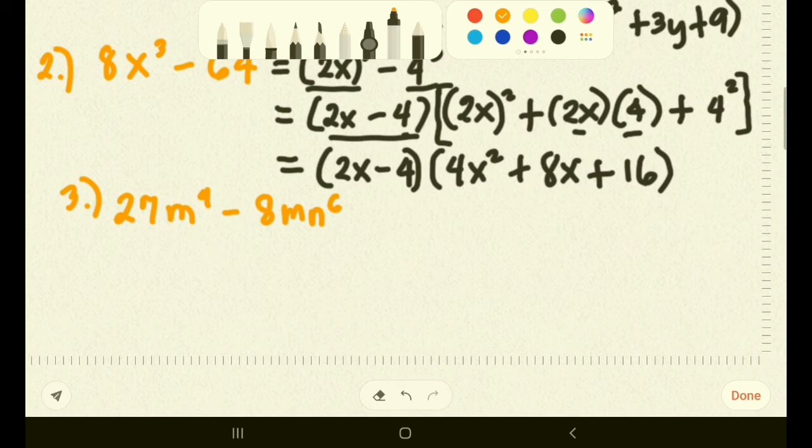Okay. Again, you express each term to the power of 3. Okay, but notice, I'm going to erase.